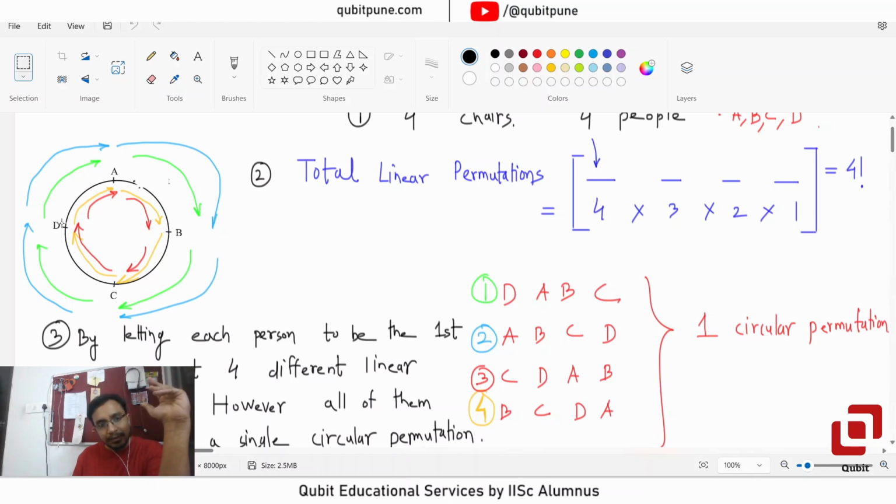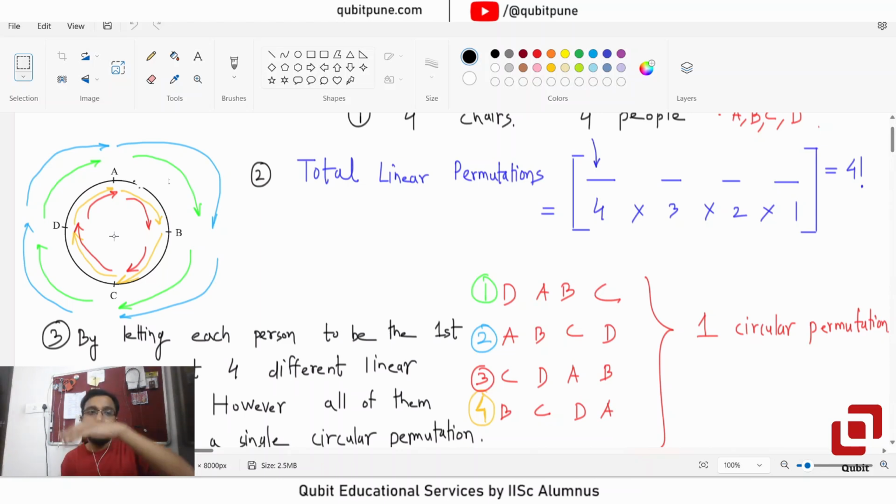Let's say D sits on the extreme left position in linear arrangement, then A sits on the extreme left position, then B, and then C, but in the circular permutation the sequence is ABCD. Which means there are n different ways, 4 different ways in this case, to let the people sit in a row. That is a linear permutation.